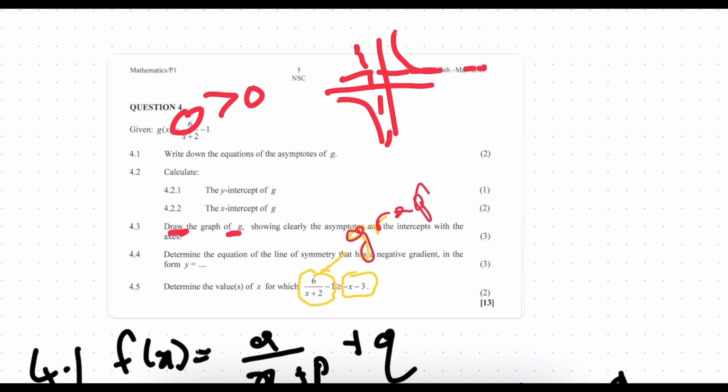This is your graph, and this is the equation that you just determined, your equation of symmetry. So what are they asking you? For which values of x is your graph greater than or equal to the line of symmetry?